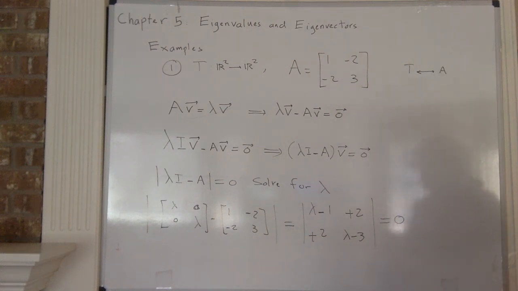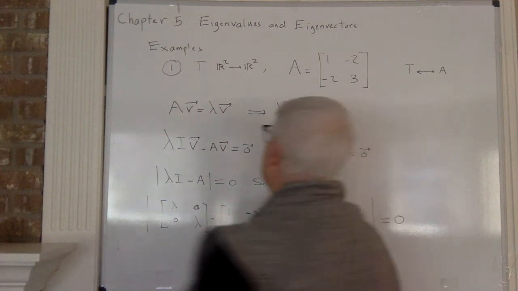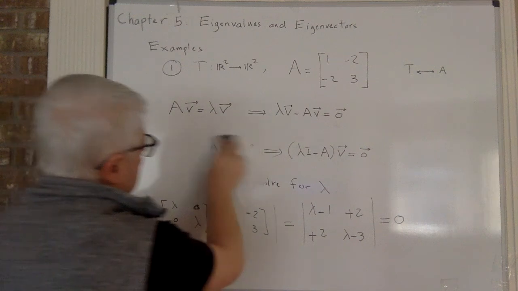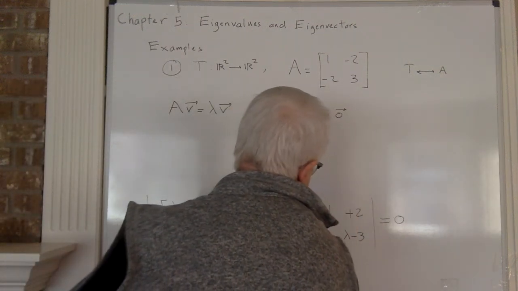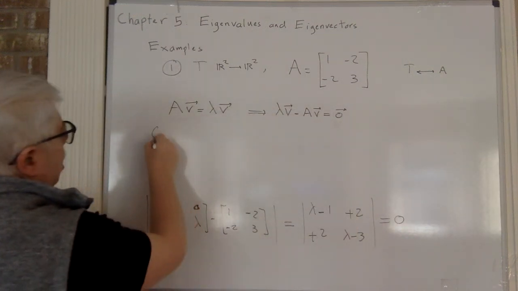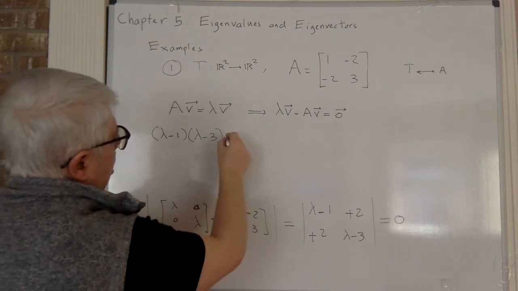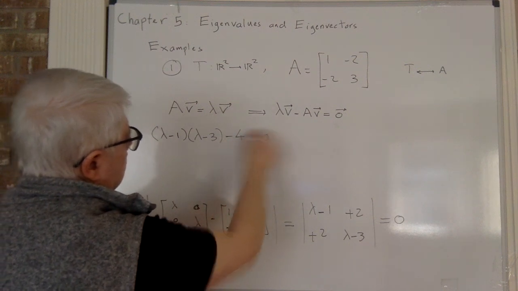As I said, you might have seen equations like this without being told that it is in fact part of an eigenvalue problem. But anyway, we have to solve for lambda. Let me erase this since I don't have enough space here. So the determinant is lambda minus 1 times lambda minus 3 minus 4 is 0.